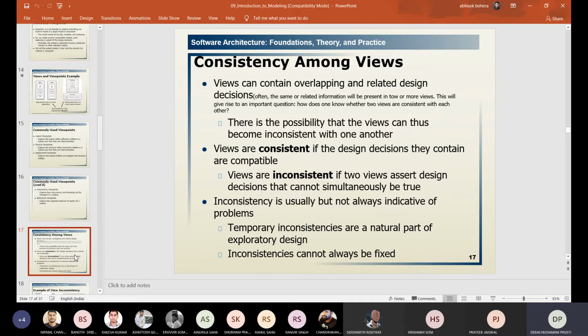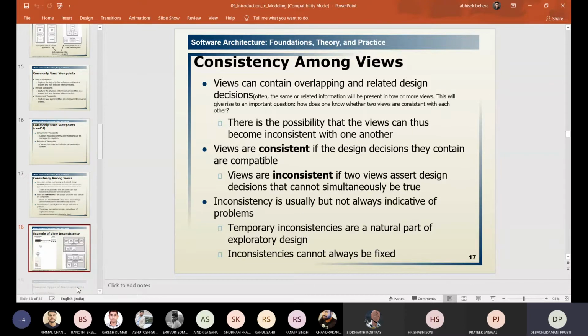Also, inconsistencies cannot always be fixed.